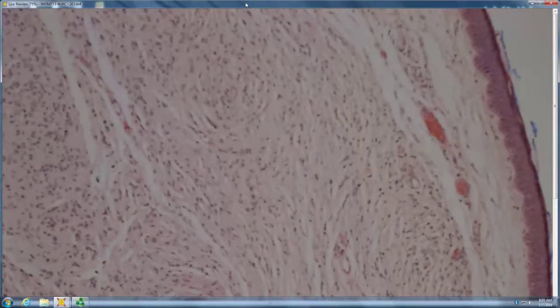So if it's S100 positive, it's a neurofibroma. If it's EMA positive, it's a sclerosing perineurioma. Looking for mast cells will help a lot, because the sclerosing perineuriomas do not have them, and the neurofibromas tend to have a lot. So, very good.